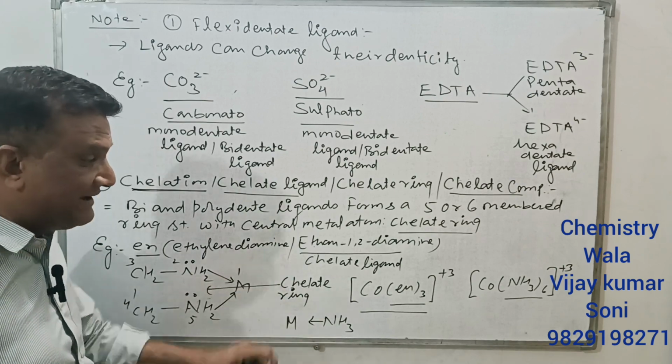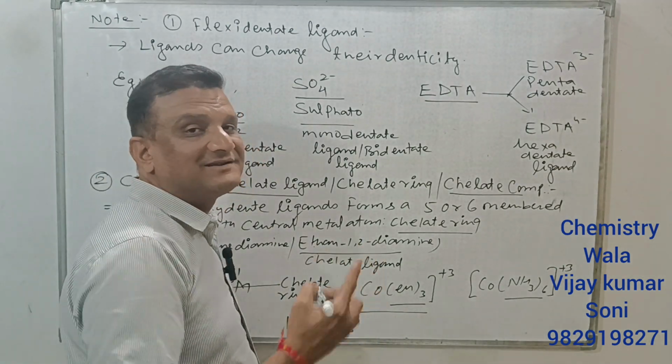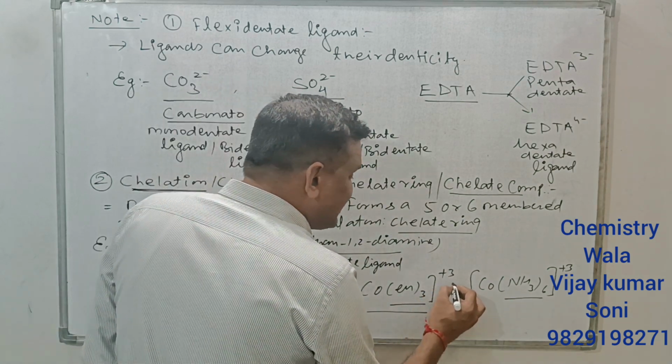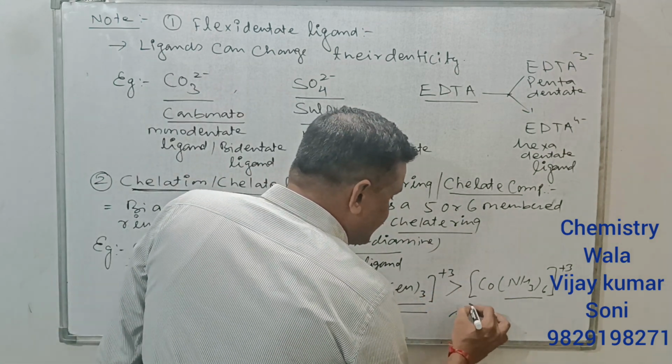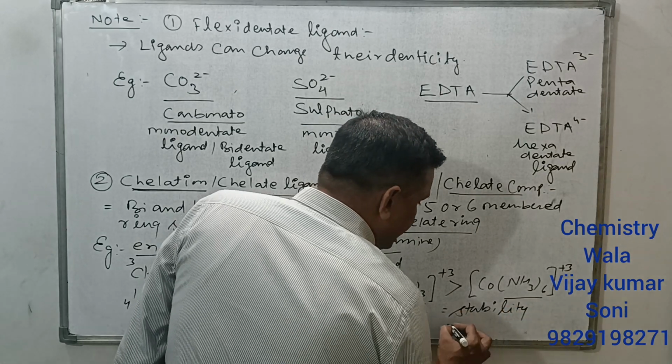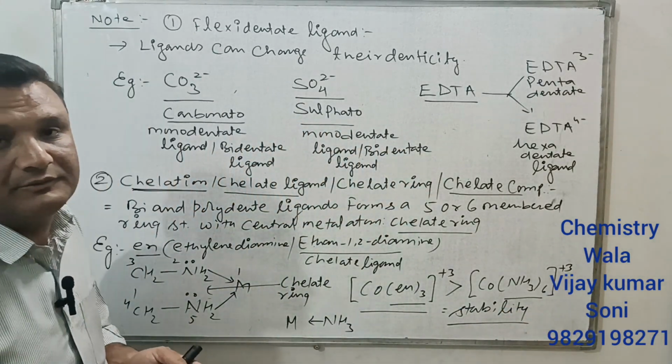So we can say that ligands which form chelation give more stability, less chelation, less stability. This is regarding the stability of the complex compound.